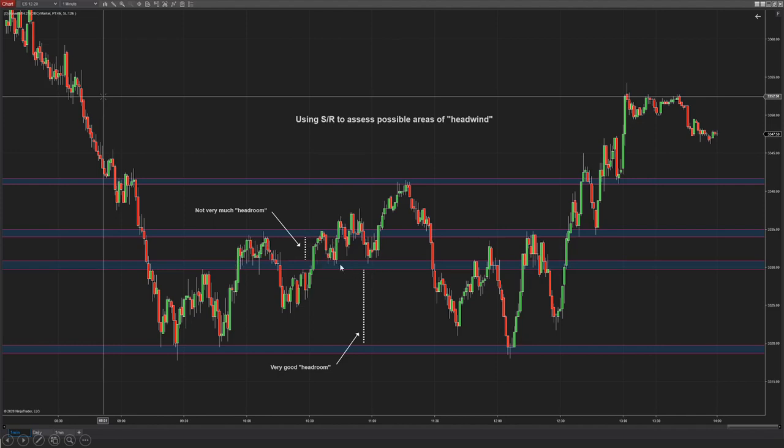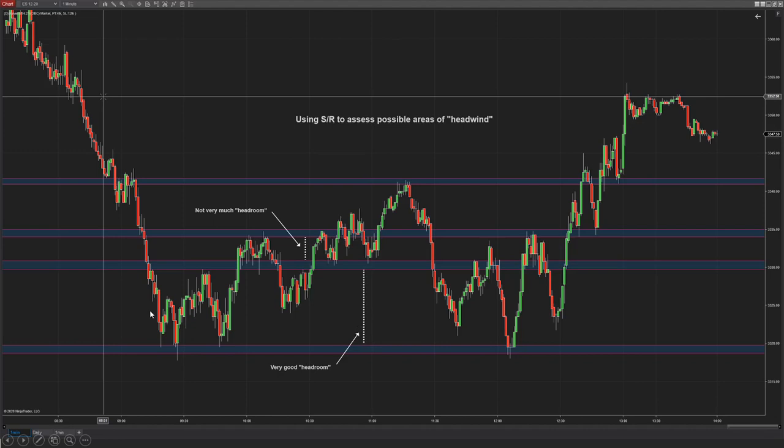And you're really only going to get a couple of points basically before you have to get out. Because if you got in right here, the risk and reward is not very good. Whereas down here, if you're entering at this level, there's quite a bit of headroom.